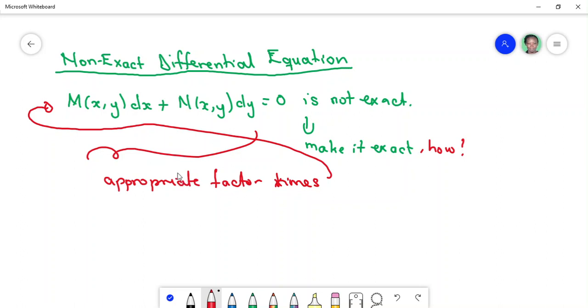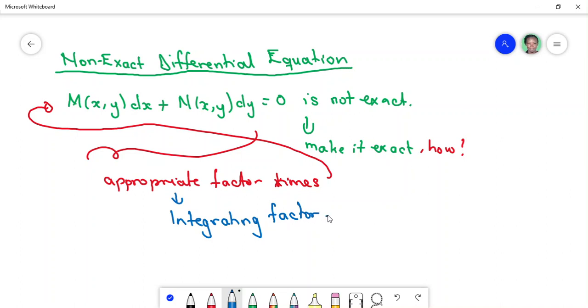by the differential equation. And this appropriate factor is what we call the integrating factor.